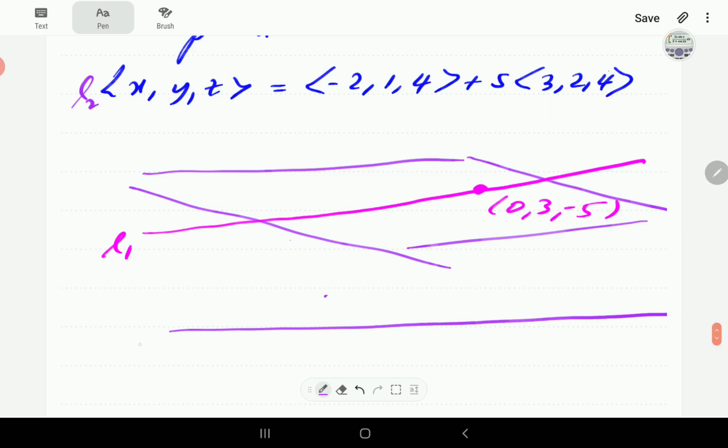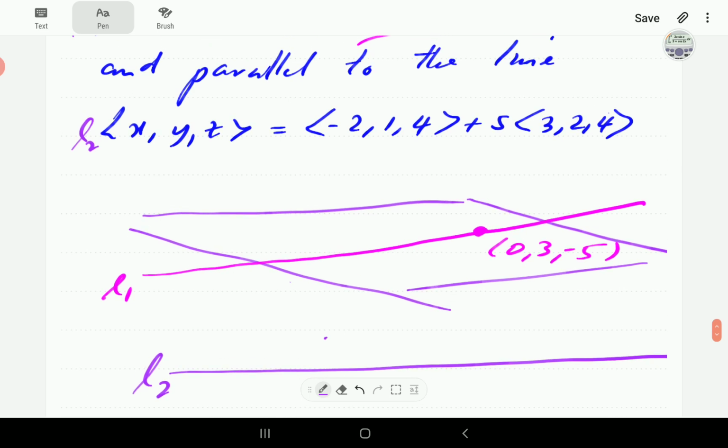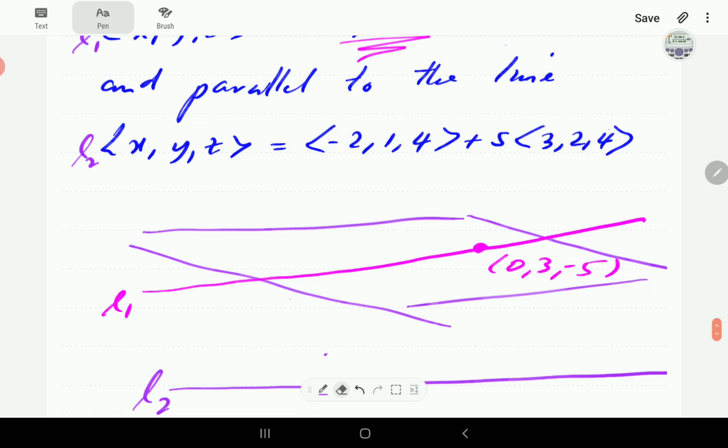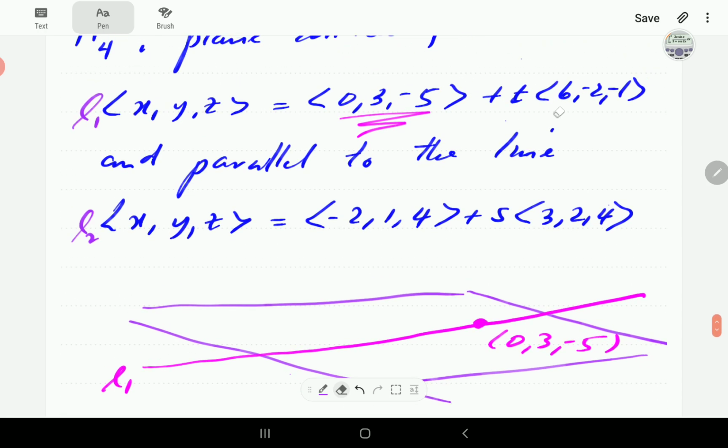But it's parallel to this plane, so L2 and this plane don't meet. So from L1 we have got one direction vector, namely this one, (6, -2, -1). This is going to be our M1.